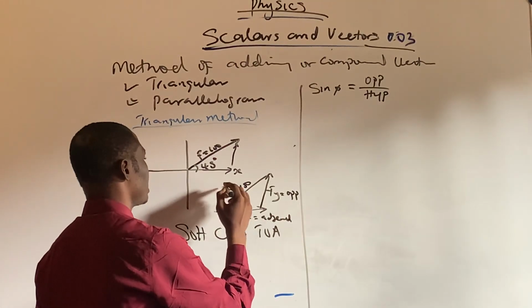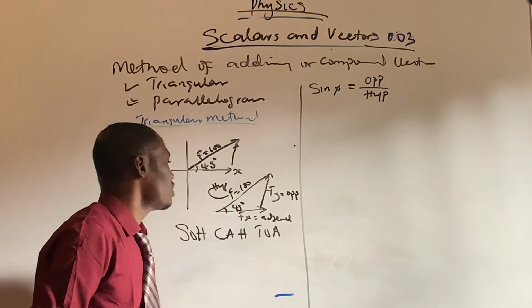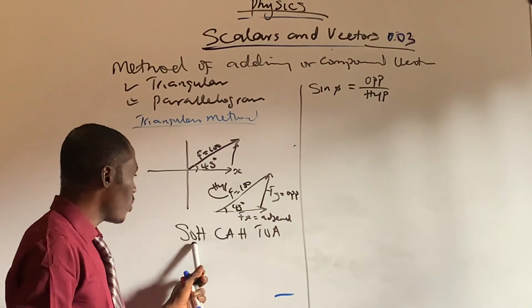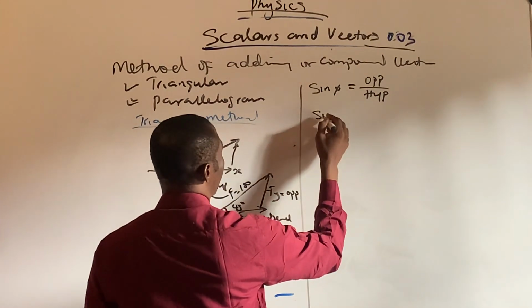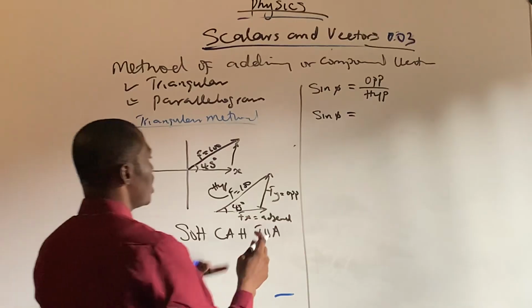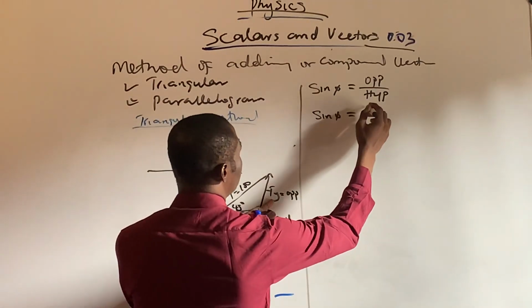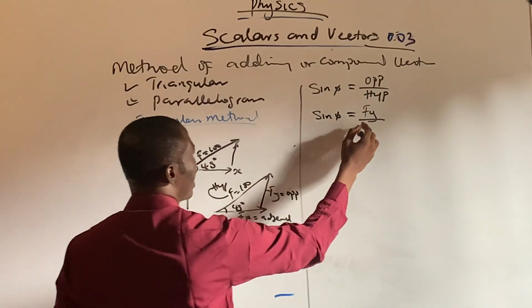All right, now this is the hypotenuse. Sine is opposite over hypotenuse. So what we're going to have is that sine theta is equal to the opposite, here is the Fy component, over the hypotenuse, which is F.